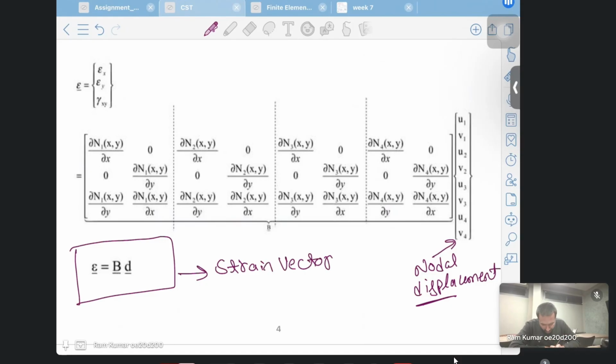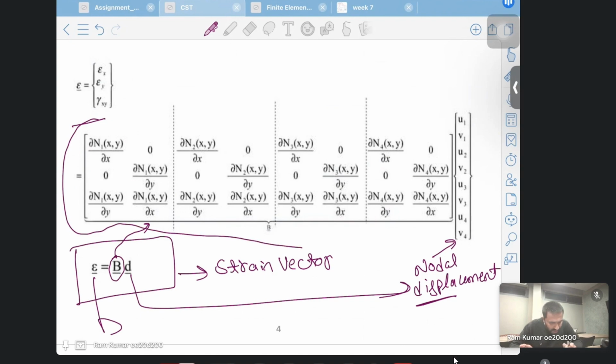This is our nodal displacement d, this is our strain, and this is what someone calls the shear strain vector, some call it only B. So this is our B matrix, this whole big matrix will be the B matrix.